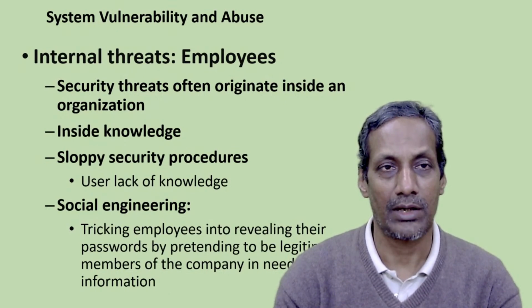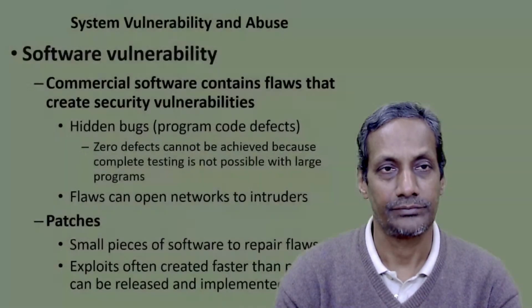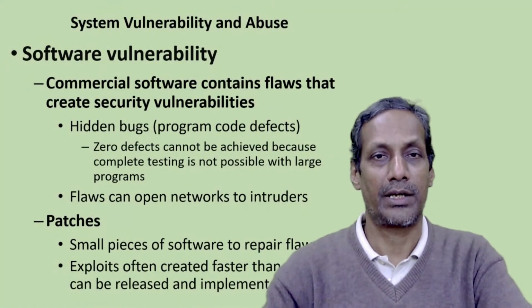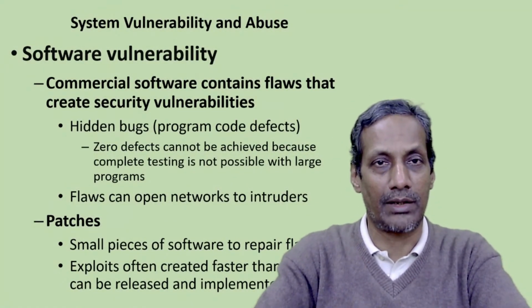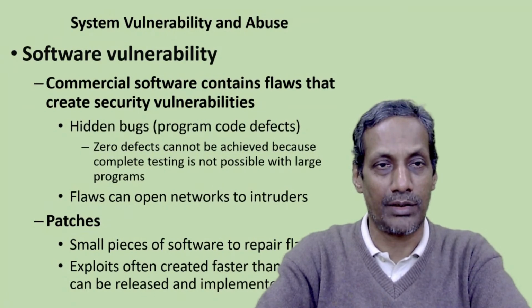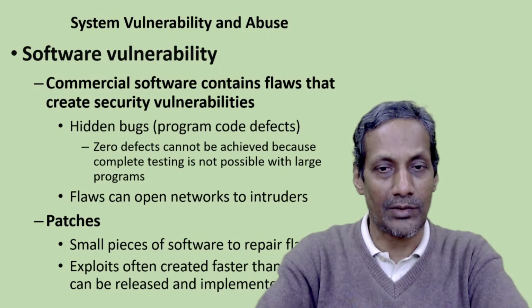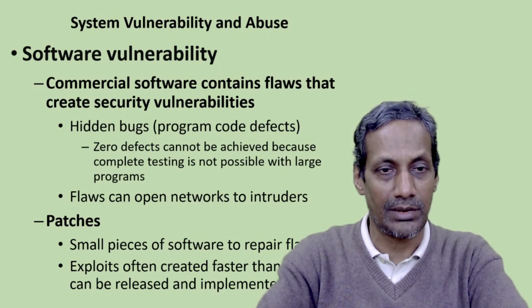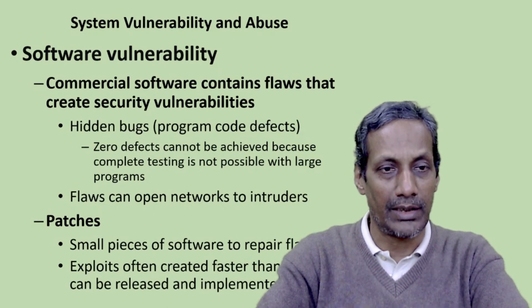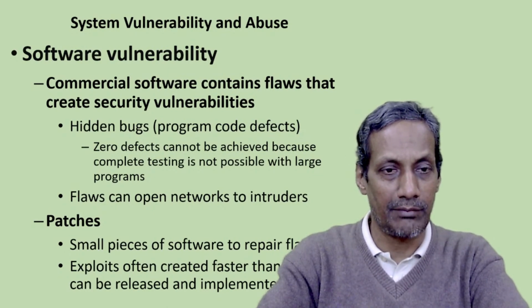Social engineering can also be an internal threat. Software vulnerability can also hamper the working of computer-based information systems. Small pieces of software to repair flaws, patches, are used, and those patches can also be vulnerable.